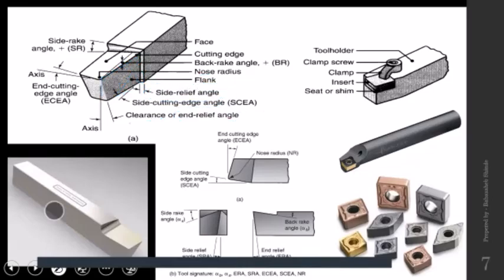Now next, the cutting tool is going to have two cutting edges, this cutting edge and this cutting edge. Those two cutting edges meet at this point. This is one cutting edge and this is another cutting edge, and where those two cutting edges meet each other, that point will have a certain radius.